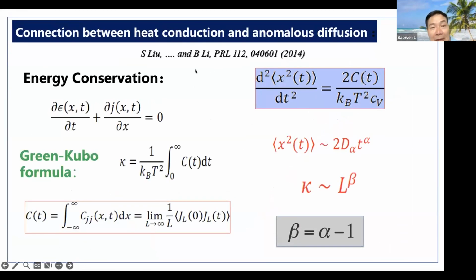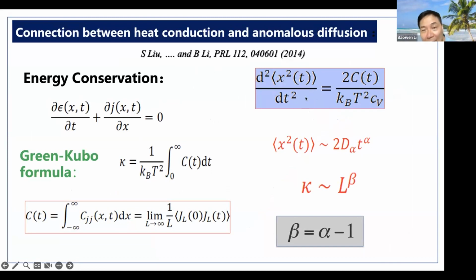About 10 years later, we restarted this problem with some more rigorous math. Here we didn't use any assumption or approximation. We just started from energy conservation and the Green-Kubo formula to calculate the thermal conductivity, and then we got an identity.